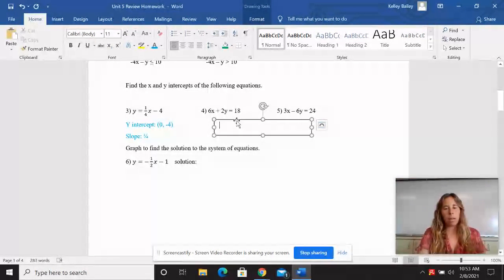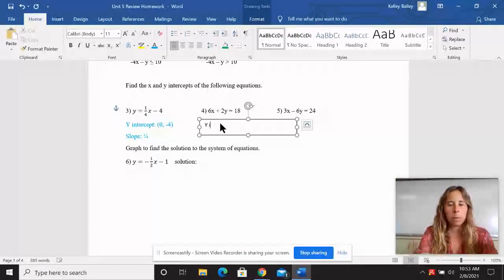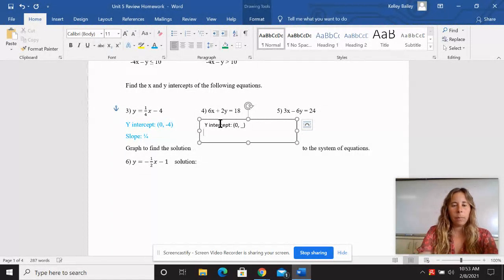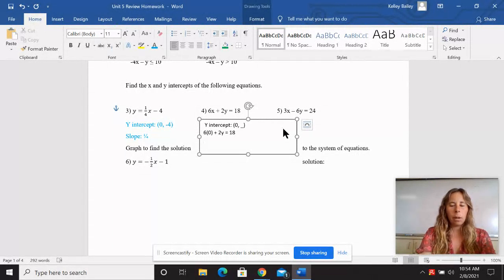So to find my y-intercept, we substitute 0 in for x, and what do we get? I'm going to substitute 0 in for x, so that will be 6 times 0 plus 2y equals 18. 6 times 0, 0 plus 2y.